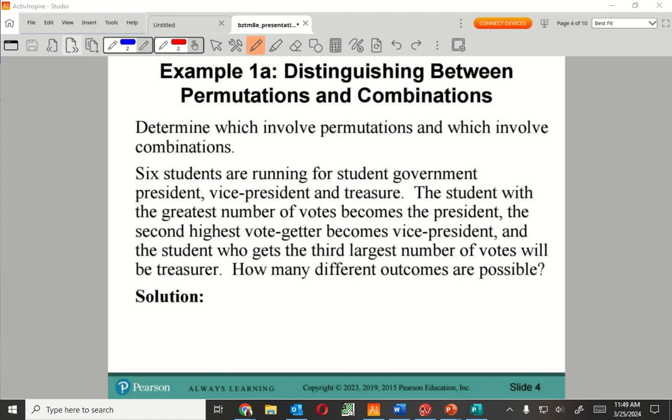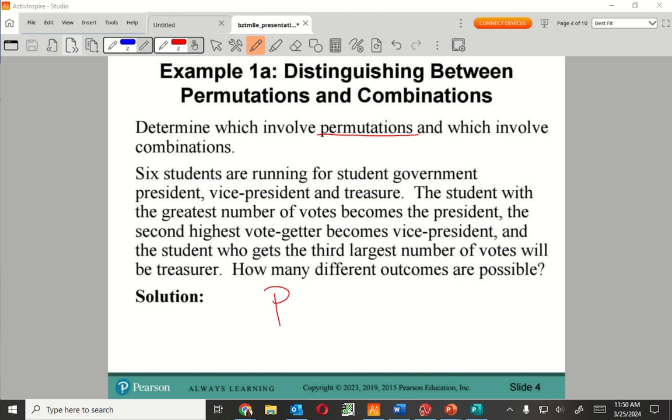Now, question here. Does order matter? Yes. Why? Because the first person gets something different. And so order does matter, doesn't it? If order matters, what did I say that one is? That was a permutation. Combinations, order doesn't matter. So this is a permutation.